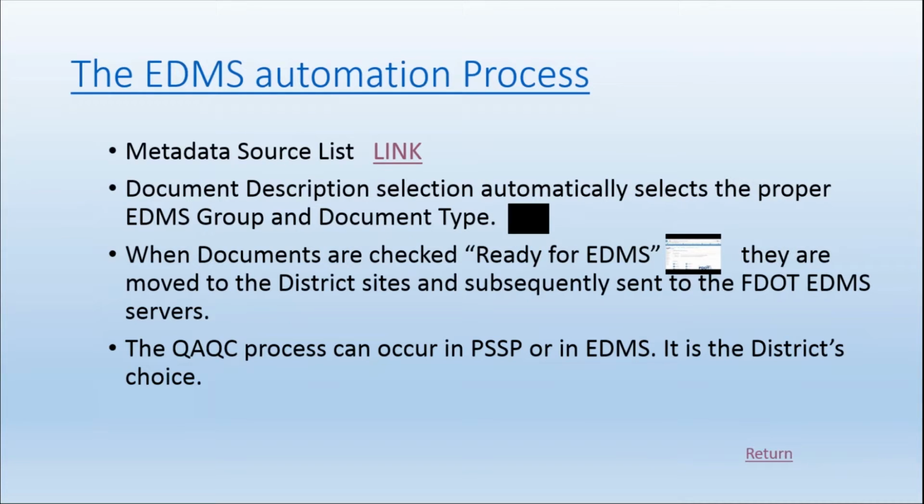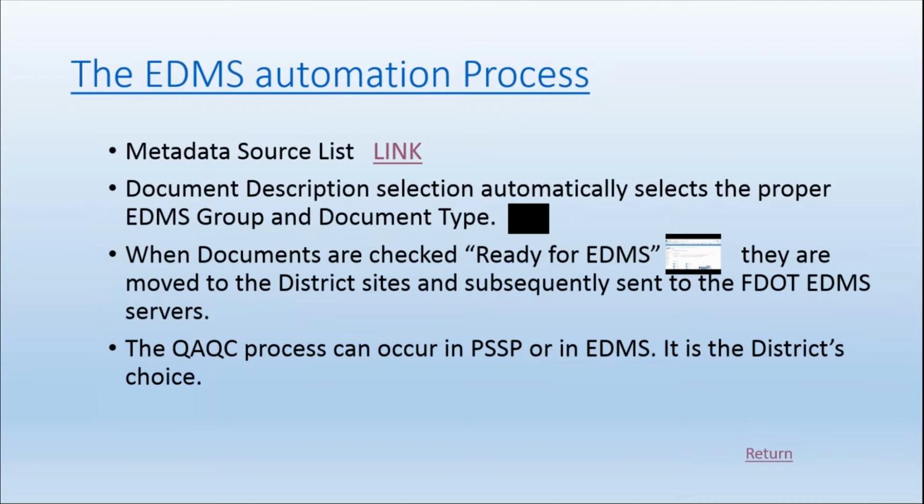In other words, like I said, this is an evolving process, and having the metadata source list, you only have to make one decision about a document, and that is, what is the description of this document? What is it? If you make that decision correctly, the EDMS information is all filled out for you automatically.